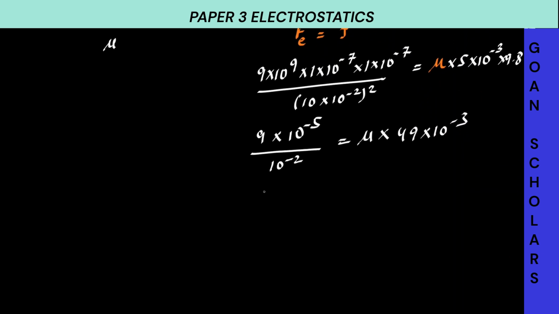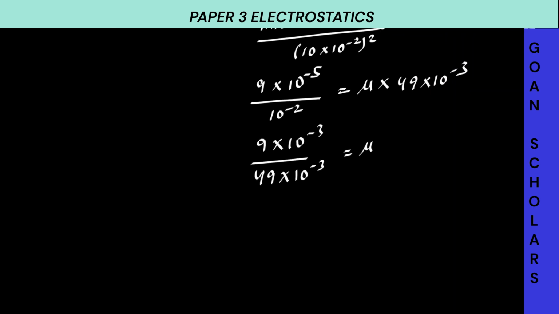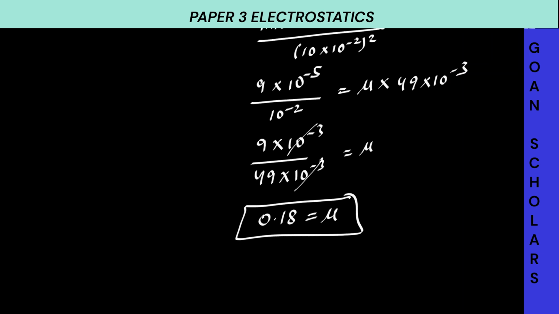And this we simplify further as 9 into 10 to the power minus 3 divided by 49 into 10 to the power minus 3, and that equals mu, the coefficient of friction. So 10 to the power minus 3 cancels, and 9 divided by 49 will give us 0.18. That's our coefficient of friction between the surfaces of the table and the charged objects.